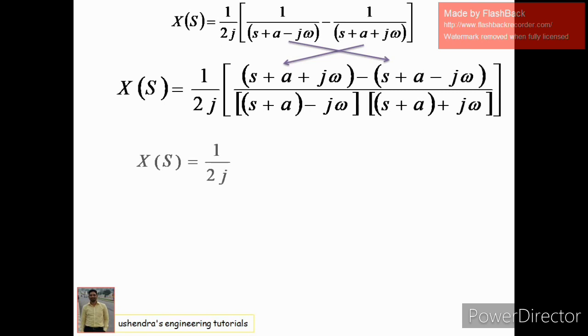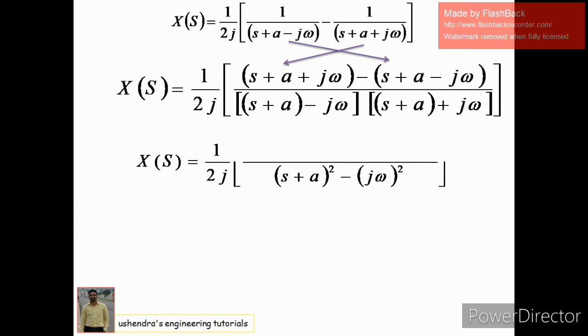Further going ahead, X(s) is equal to 1 upon 2j, and in the denominator we have (s plus a minus j omega) into (s plus a plus j omega). Watch carefully, this whole term is of the form (a minus b) into (a plus b), so it leads to a square minus b square.